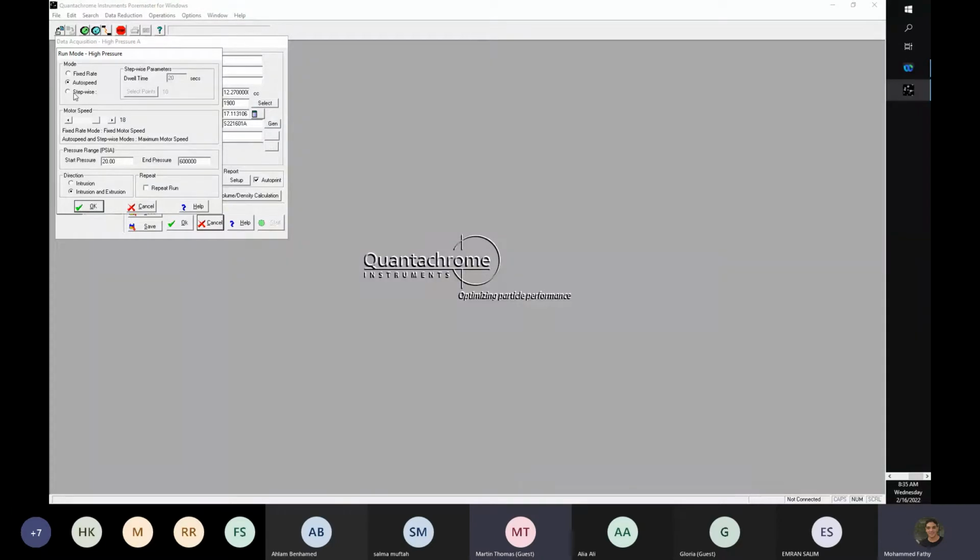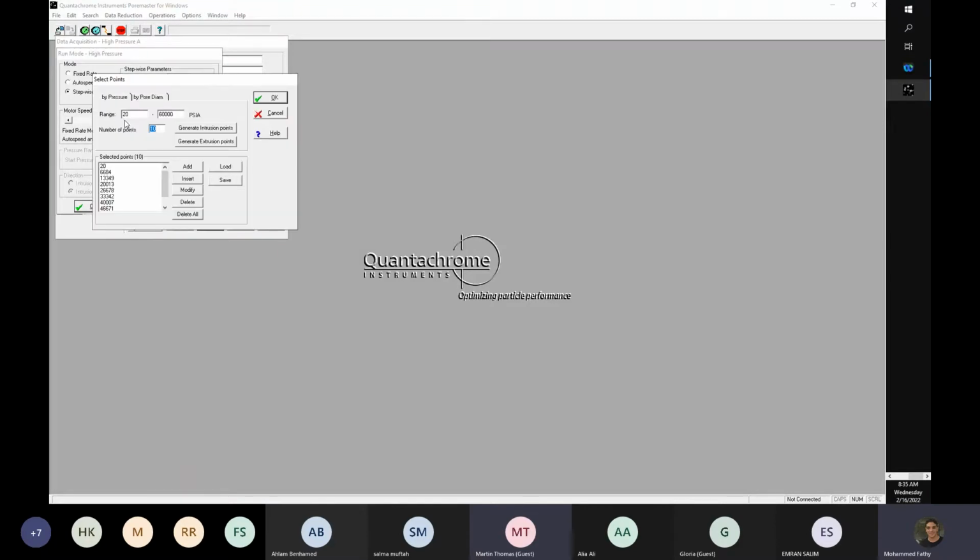Now, if you go to stepwise, then yes, you have to define the data points. You have to define the data points and how long to wait. So, for example, over here, you can define the range by pressure or by pore diameter. So if I start, I can say, for example, from 20 to 200 psi, I'll take then.